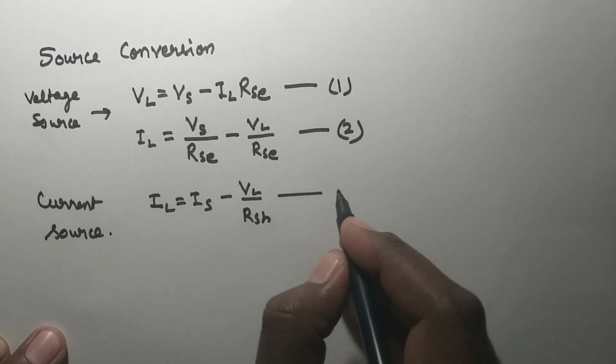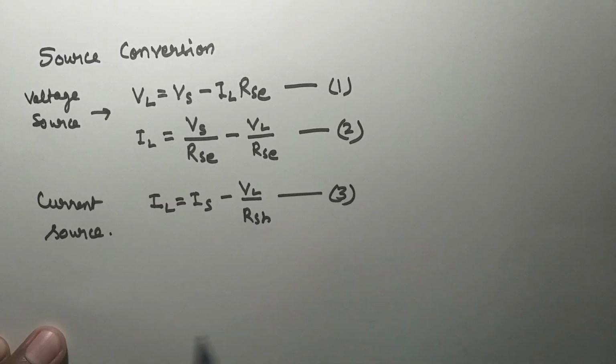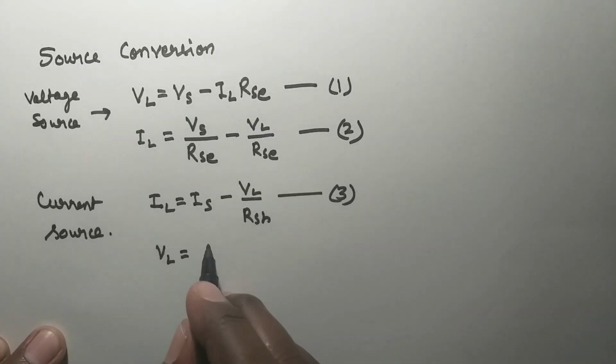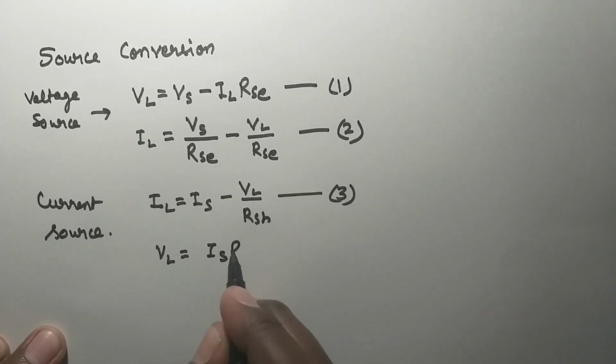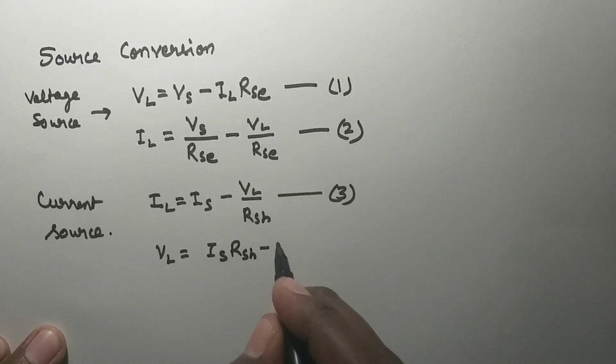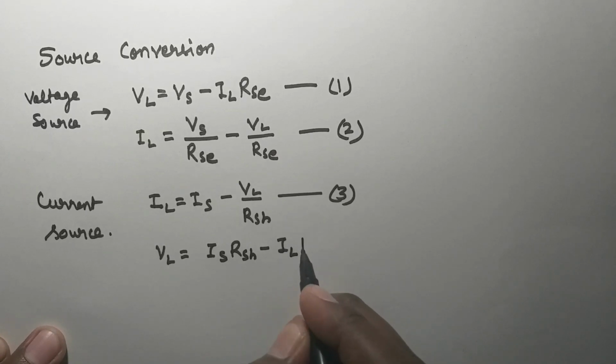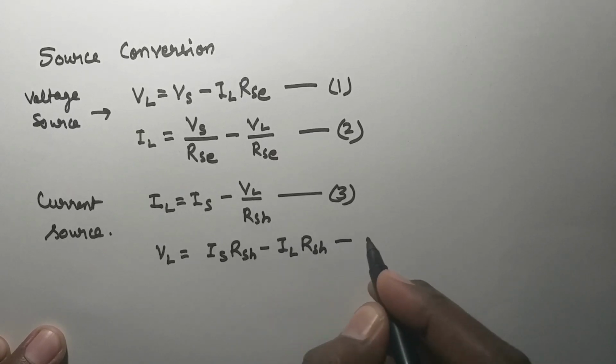So we can name this equation as equation 3, and we can further transform this equation in the form of VL as VL is equal to IS into RSH minus IL into RSH.